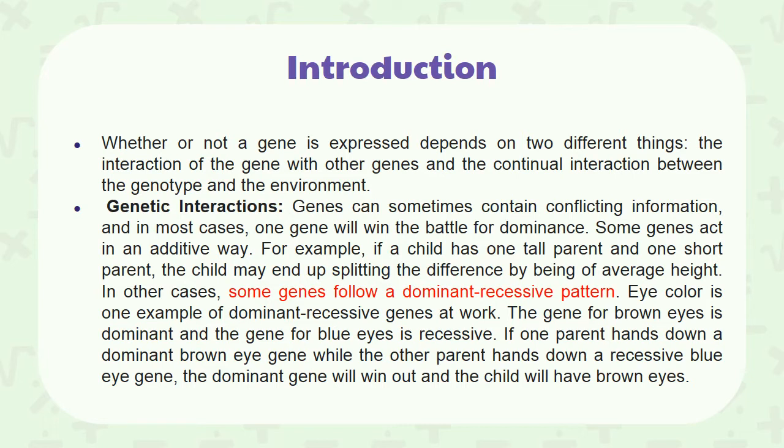And it follows a dominant recessive pattern. For example, if the father is tall, mother is short, but the child is tall, it means that the parent who is tall has handed down a gene which shows its characteristics in tallness.